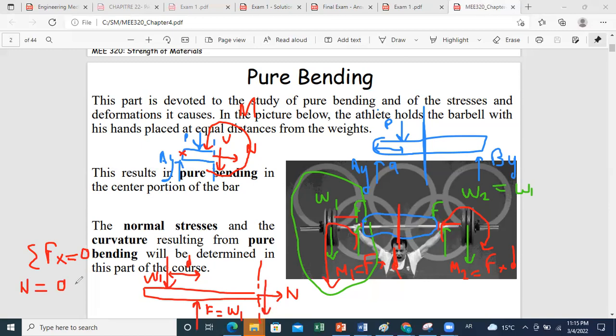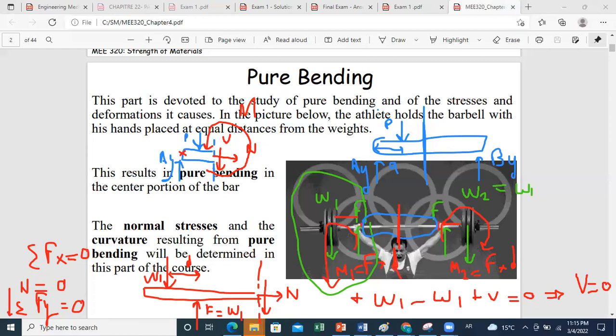If you do sum of forces along y equals 0, considering the positive direction downward, you have plus W1 minus F, which is equal to W1, plus V equals 0. So also the shear is 0. So at this section, no shear.